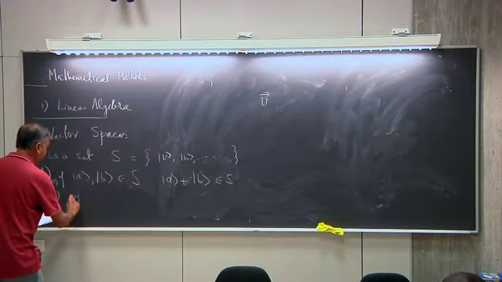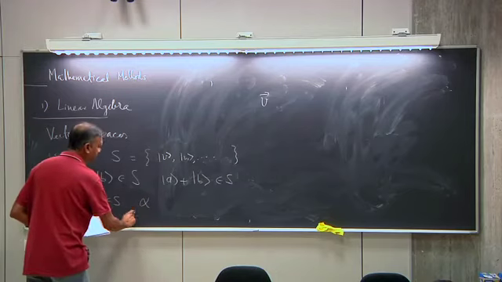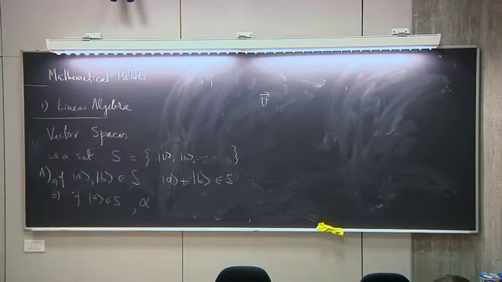If A belongs to S, and let's say alpha is some number, now this number could be real or complex. If you only allow real numbers, then you say that that vector space is a real vector space. But if you also allow complex numbers, then you say that's a complex vector space. I will always be working with complex numbers.